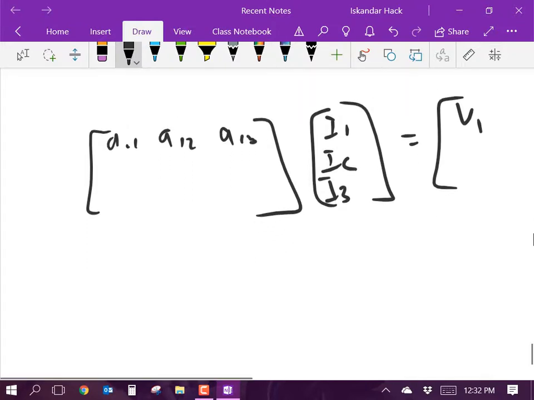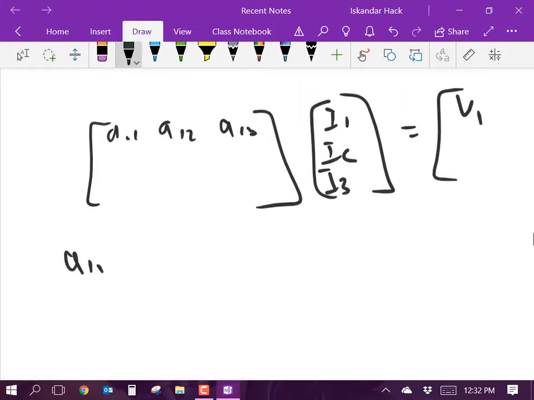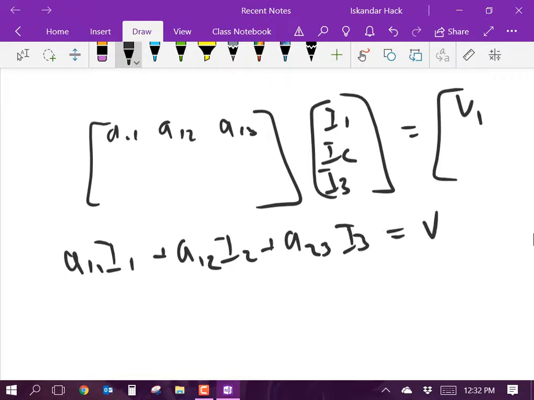That's actually A11 times I1 plus A12 times I2 plus A13 times I3 equals V1. That's the way we multiply matrices.